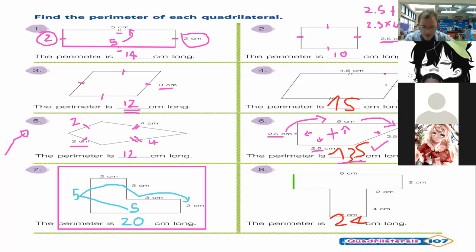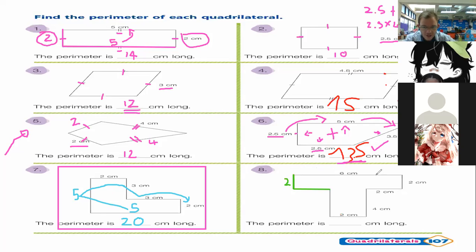What is the length over here? 2 centimeters. Excellent. What about the length of this line here? 2. How do we know it's 2?